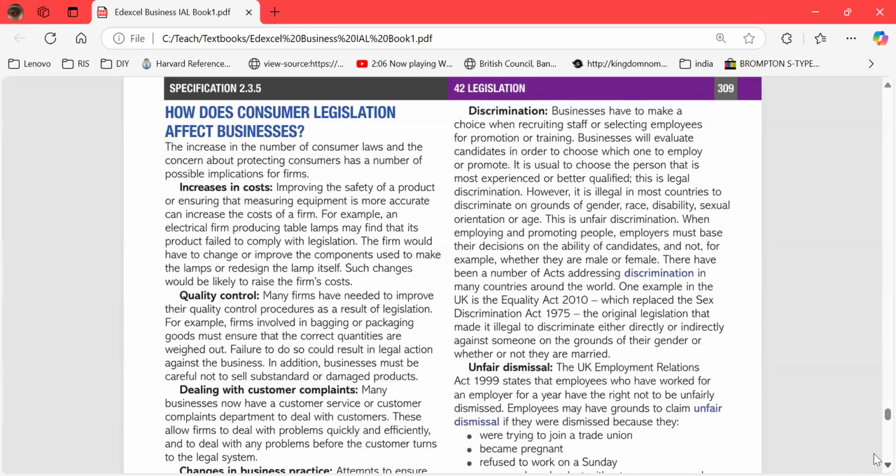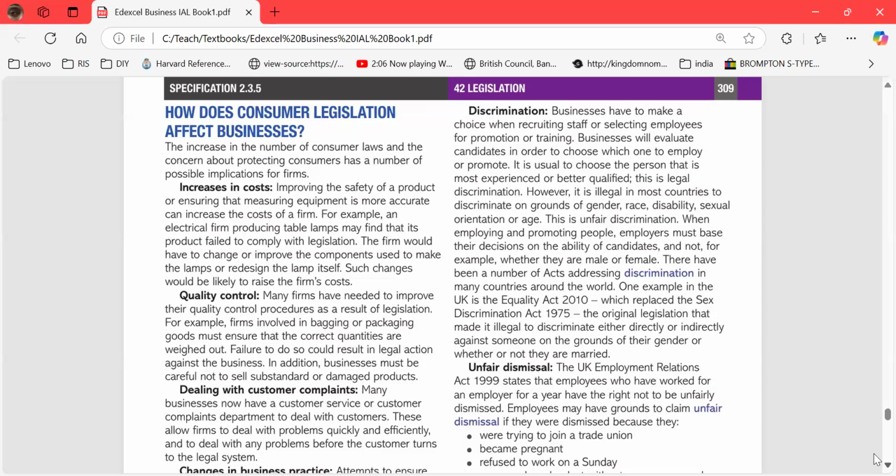It should be free from this kind of biased behavior towards the employees. There are lots of acts mentioned over here, which are passed in the UK, like the Equality Act 2010, or the Sex Discrimination Act 1975. This kind of act or law prohibits any kind of discrimination.